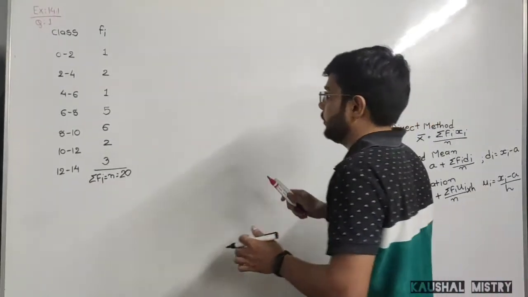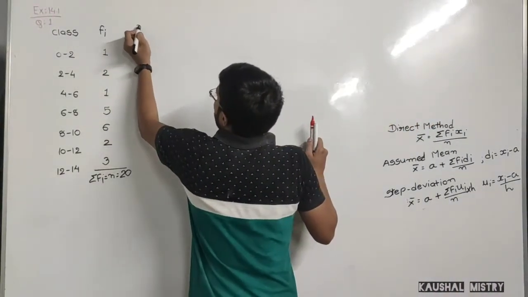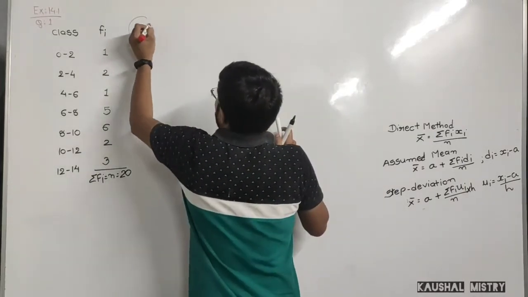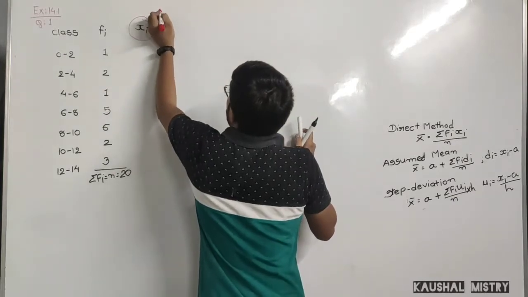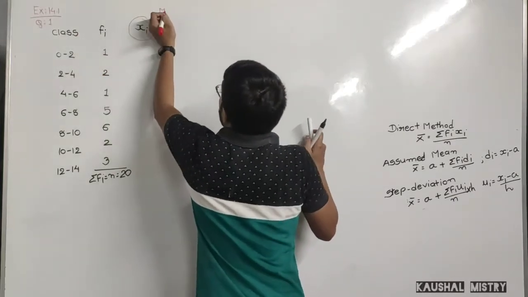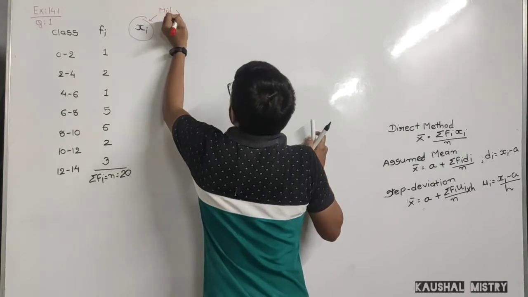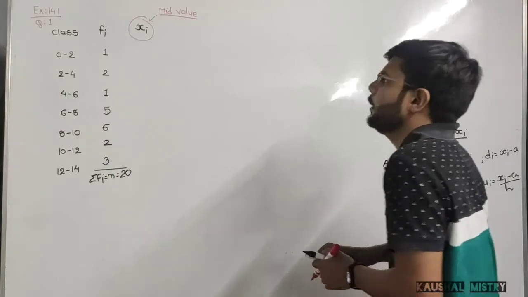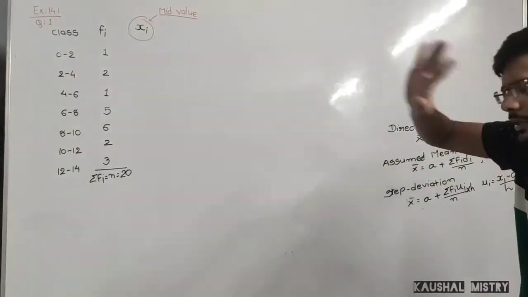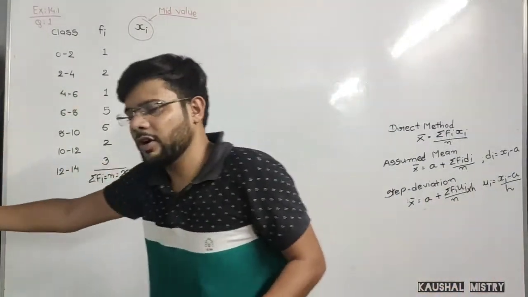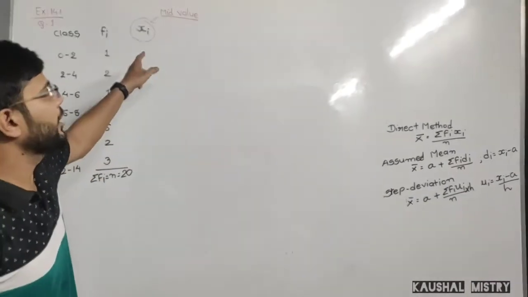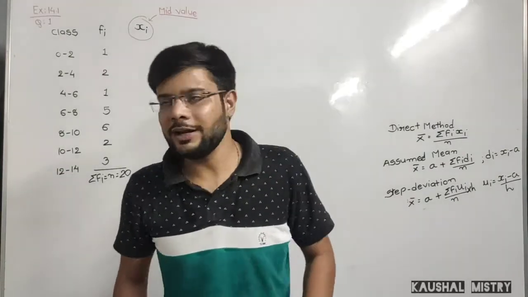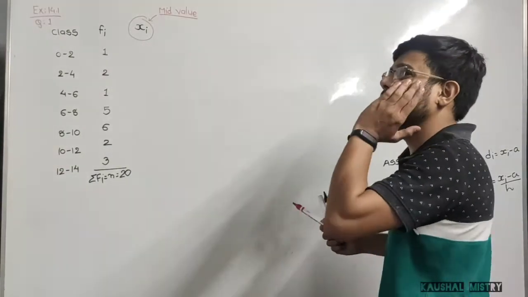Now you have to find xi. How are you going to find xi? When this type of class is given, xi is the mid value. If this type of sum is given, that means class and frequency are given, then you must find the mid value in all three methods. So how do you find the mid value?